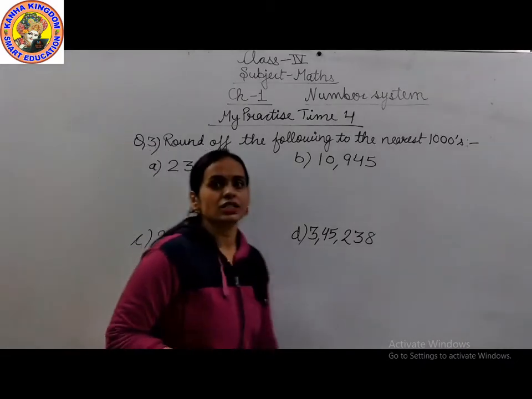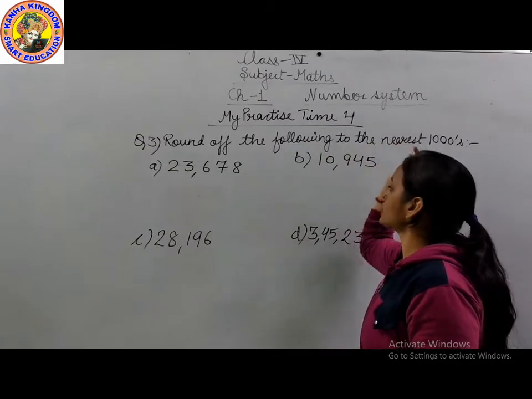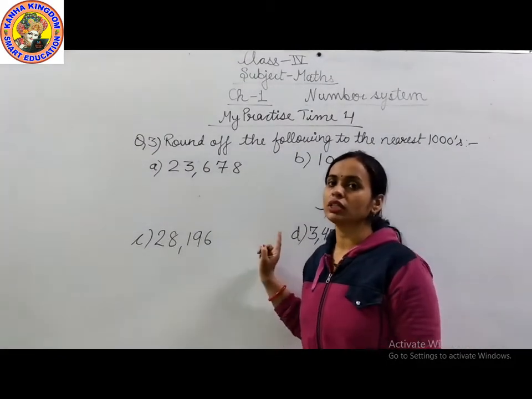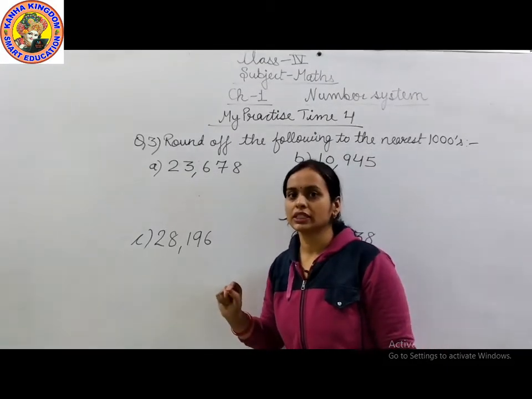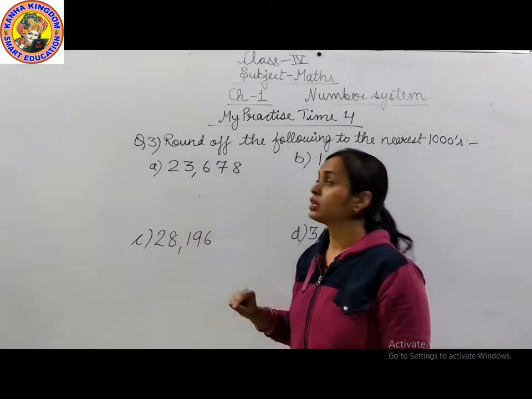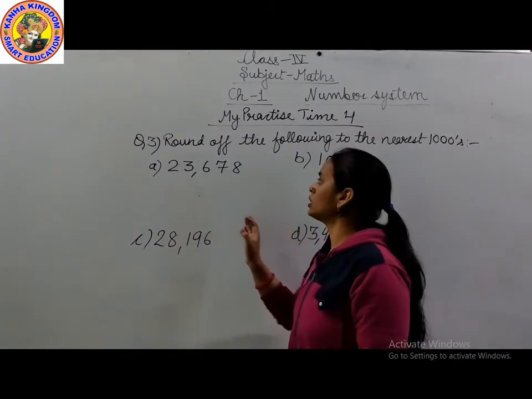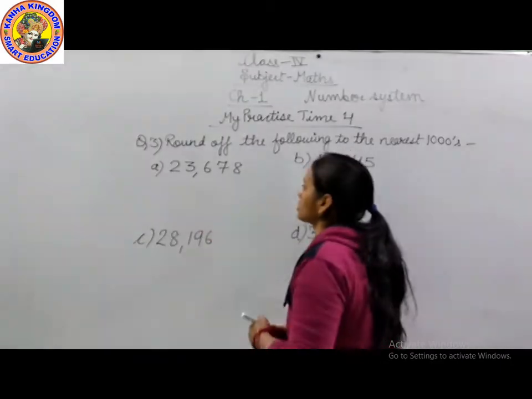Now, next is question number 3. Round off the following to the nearest 1000. In tens, we look at the digit at the ones place. In 100, we look at the digit at the tens place, and to round off to the nearest 1000, we look at the digit at the 100 place.